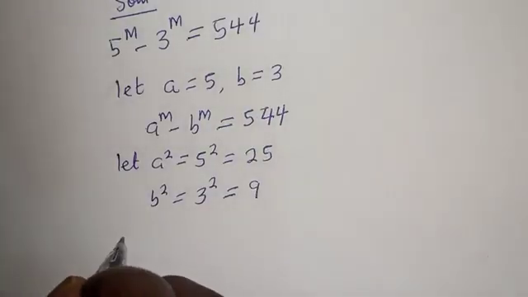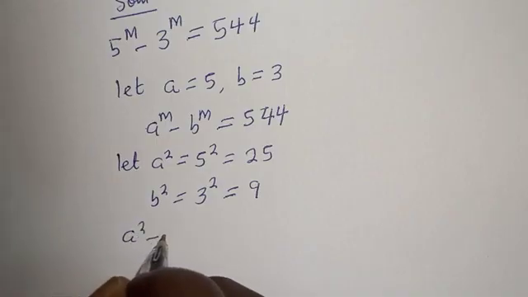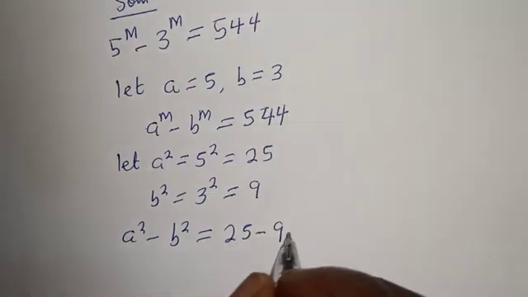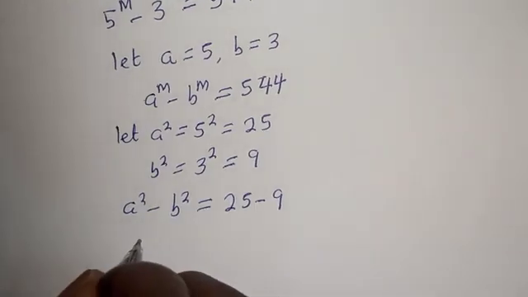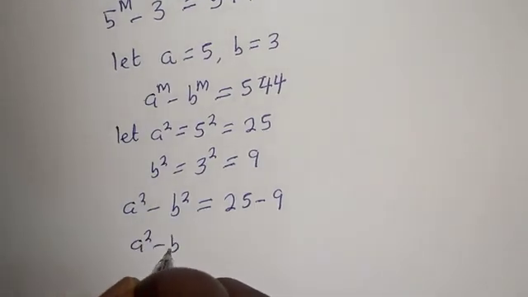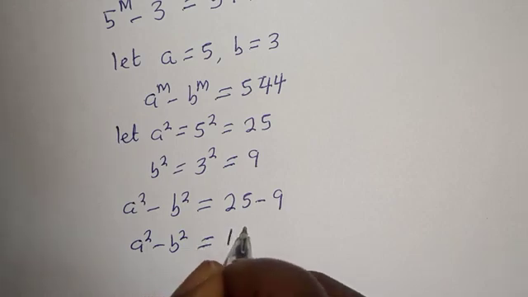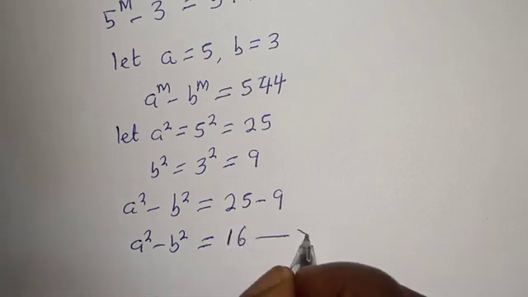Therefore, a square minus b square is equal to 25 minus 9. A square minus b square will be equal to 16. Let's call this equation star.